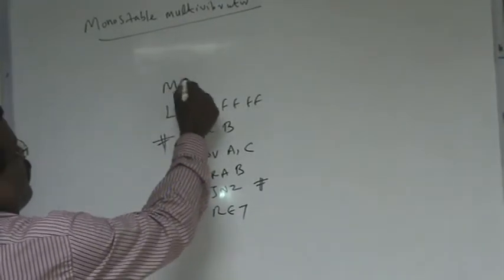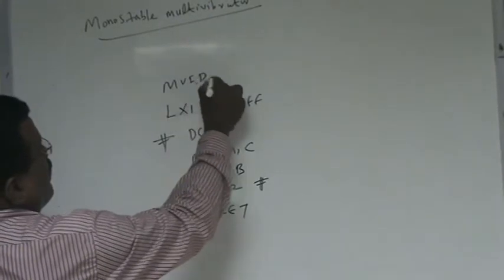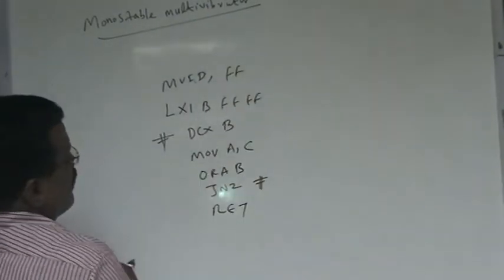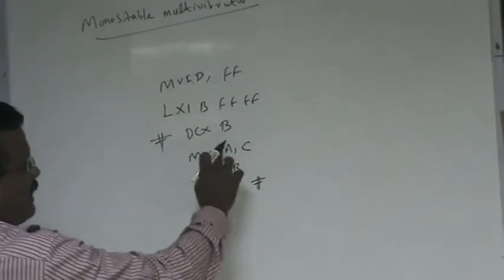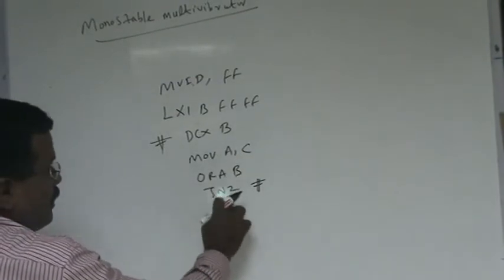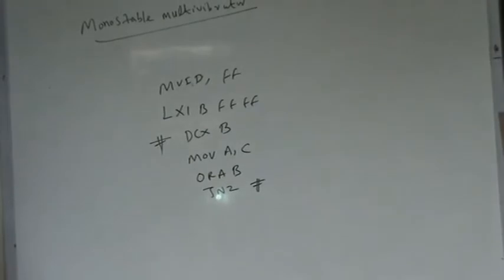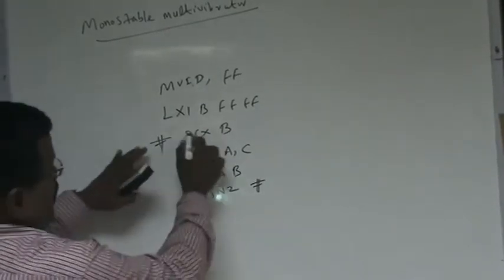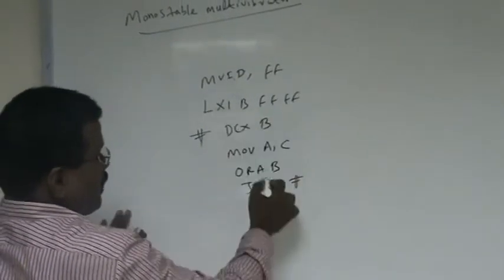I can put here MVI D, some count FF. Then before return, LXI B, DCX B, MOV A,C, ORA B, JNZ. This will be repeated 65,535 times.